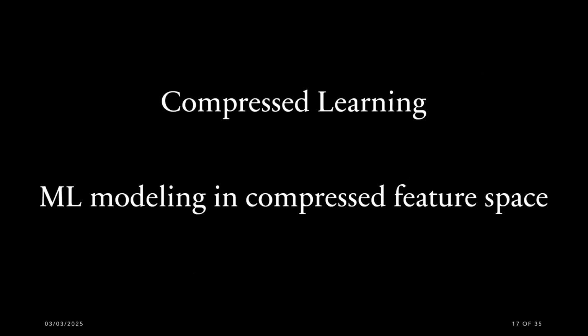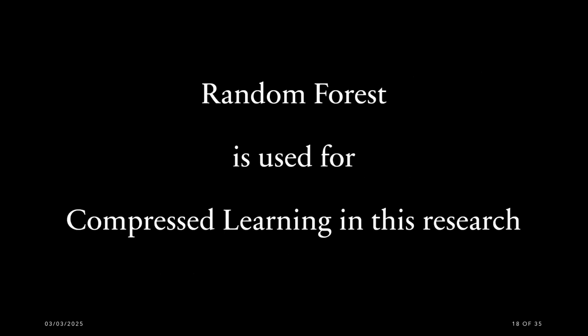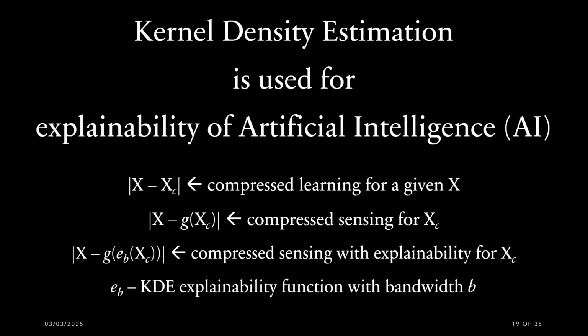But compressed learning is very simple, it's straightforward. Inside the compressed domain, basically you build a model to see whether it's closer to the original or not. For that purpose, I have used random forest. So you can see the KRR, kernel ridge regression, then deep learning, and then the random forest are used.